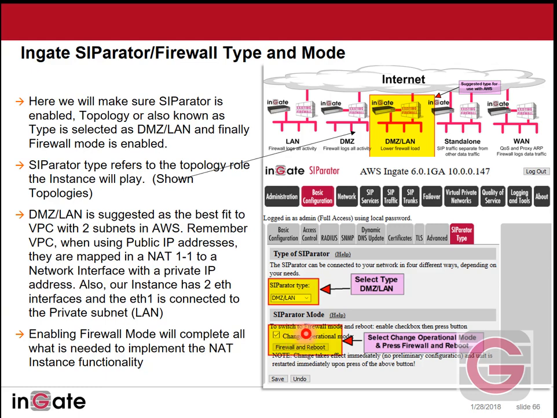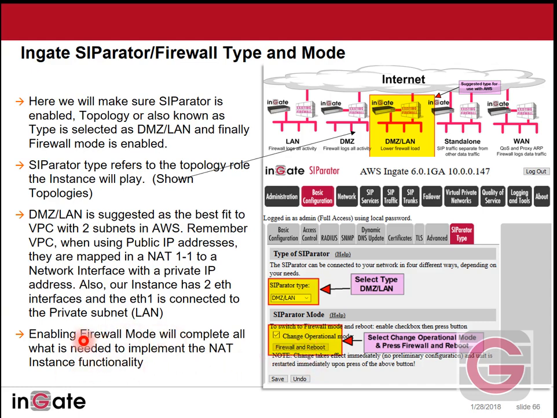What you need to do is select change operational mode, click on firewall and reboot. A suggestion is don't do the two changes at the same time. First do the SIParator type, and once you have selected the one that you desire, save and go to apply configuration, and then come back here and do the firewall and reboot.